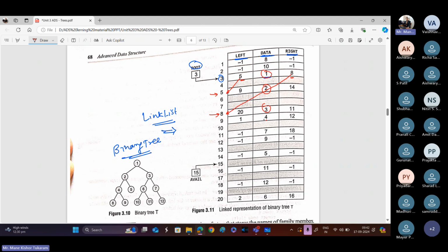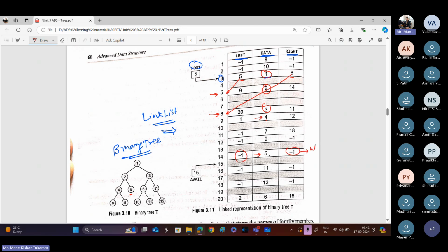So this is our 4 and 5. But you might observe that this 5 doesn't have any children. That's why we enter -1.